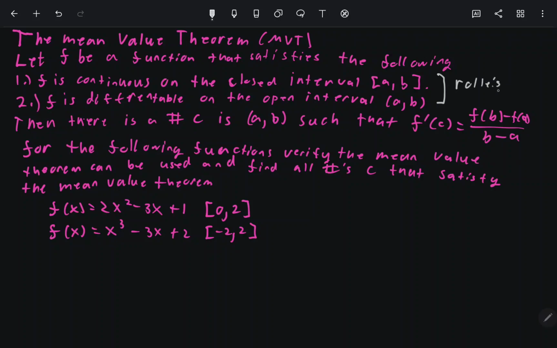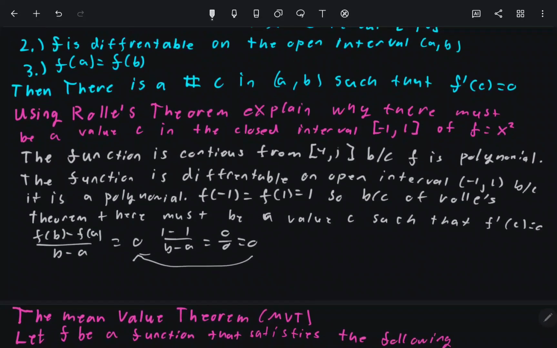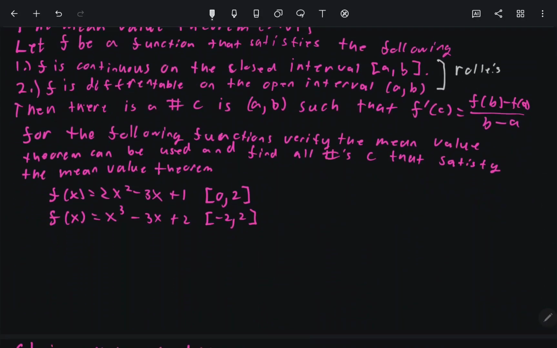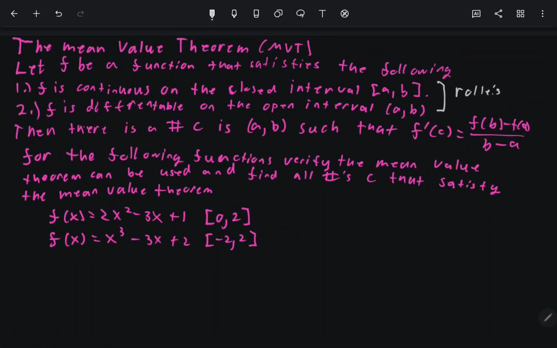But what comes after it is a bit different because we're not having a third line here. Instead, we're saying, then there must be a number c in a to b such that f prime of c is equal to f of b minus f of a all over b minus a.